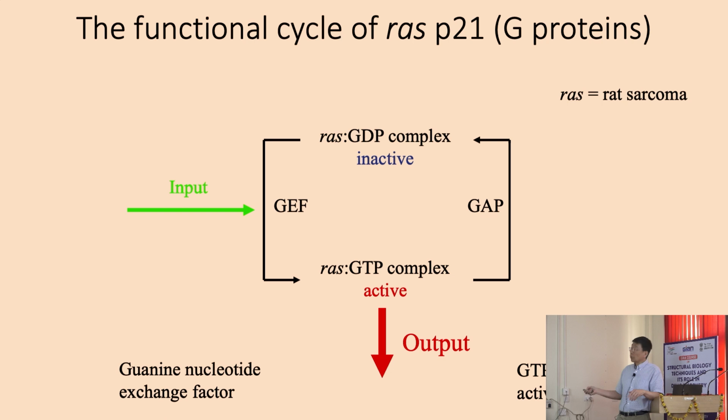So if this is stuck on, you get cancer. The oncogenic mutations of RAS basically keep the protein in this state more. That's how it causes cancer: you get more and more dysregulated growth signal coming out of this system. Okay?